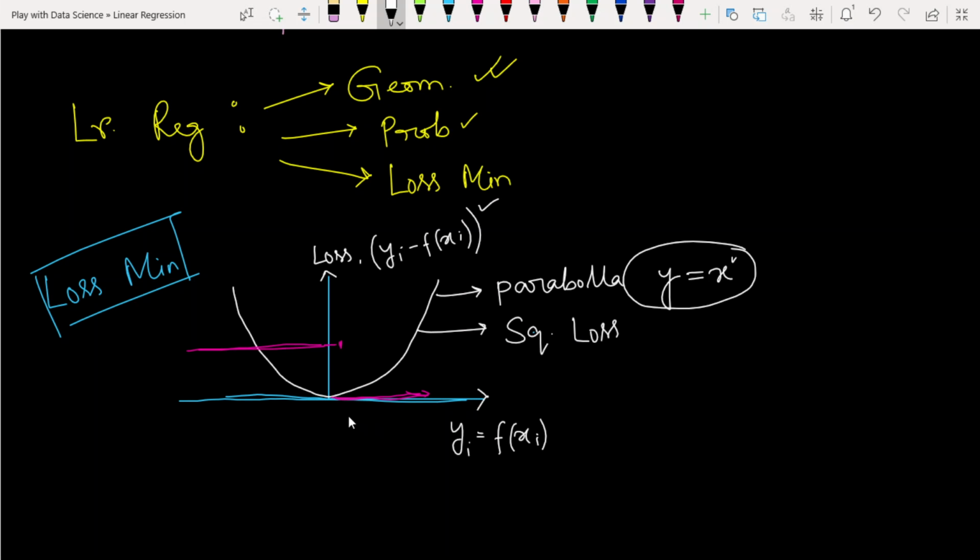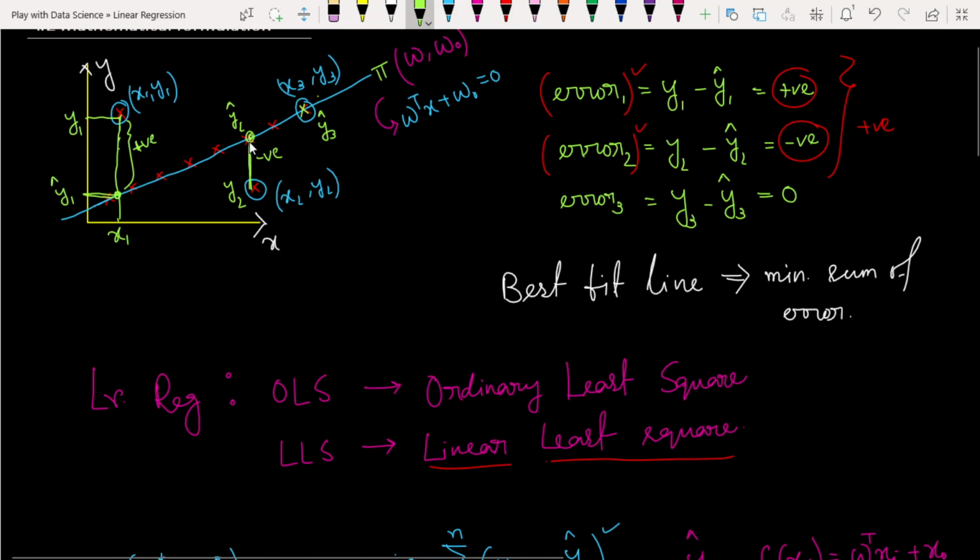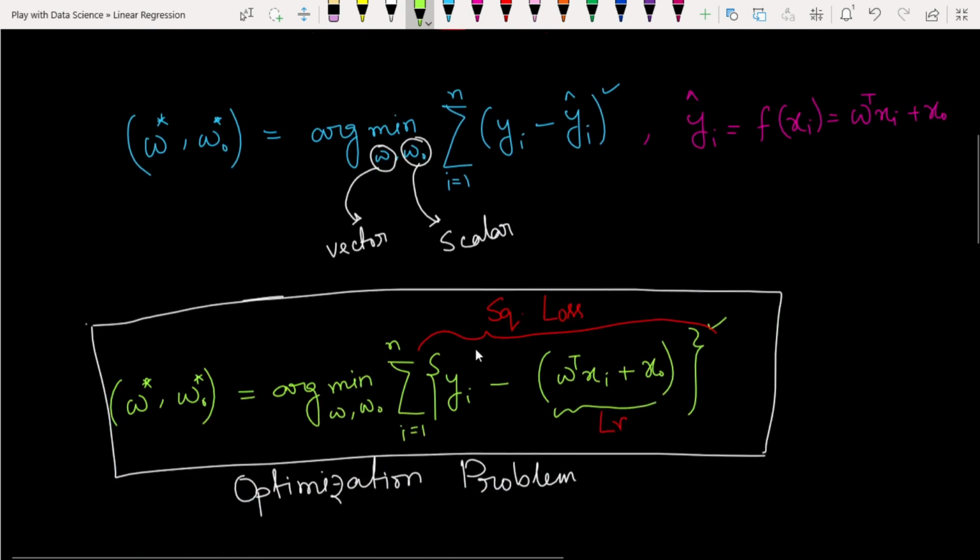Now you see, if our data points lie on the fitted plane, then the error and the loss will be 0. If our data points move in the positive direction from the fitted plane, as well as in the negative direction, then since it is a square term, the error will increase positively.